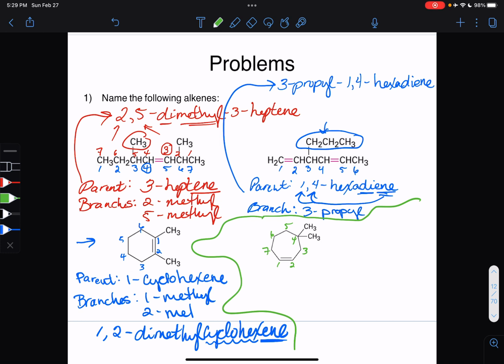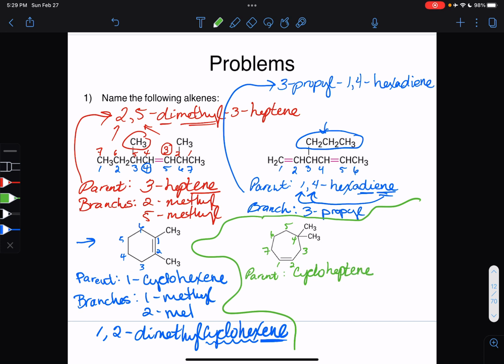All right, so if we were to name the parent, what we would have is cyclo what? We would have cycloheptene.